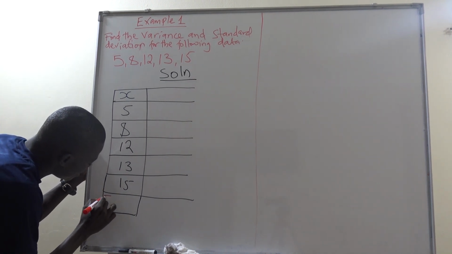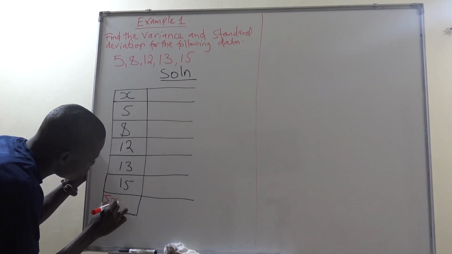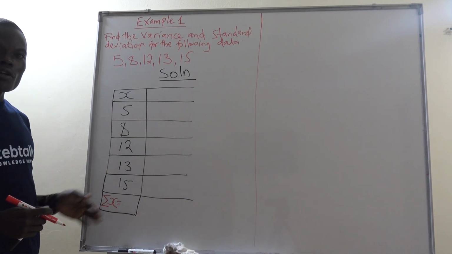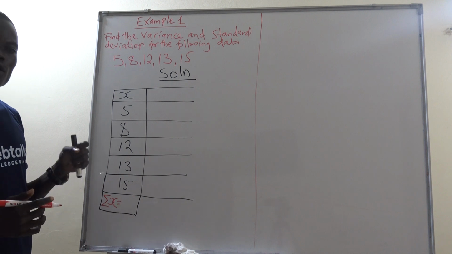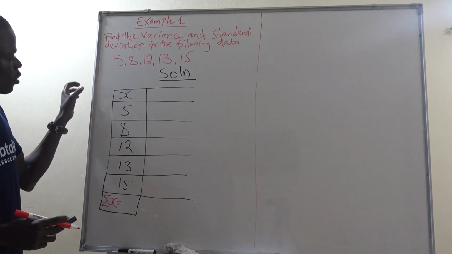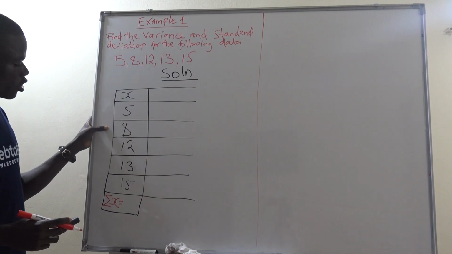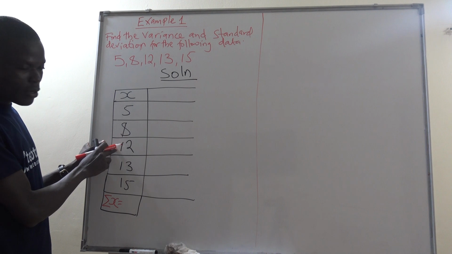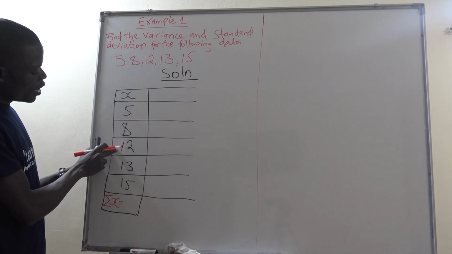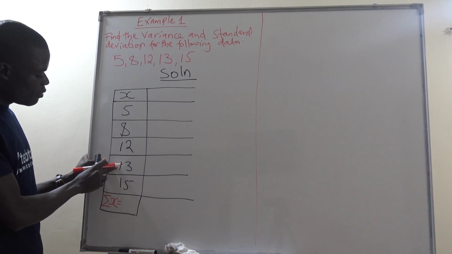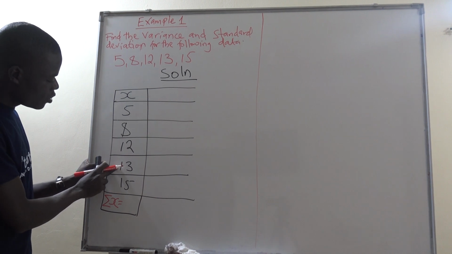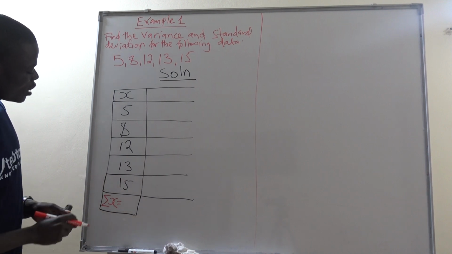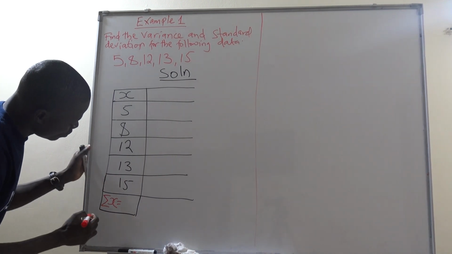For summation of x, we add everything in the column of x. 5 plus 8 is 13. Then 13 plus 12 is 25. Then 25 plus 13 we get 38. Then 38 plus 15 we get 53.